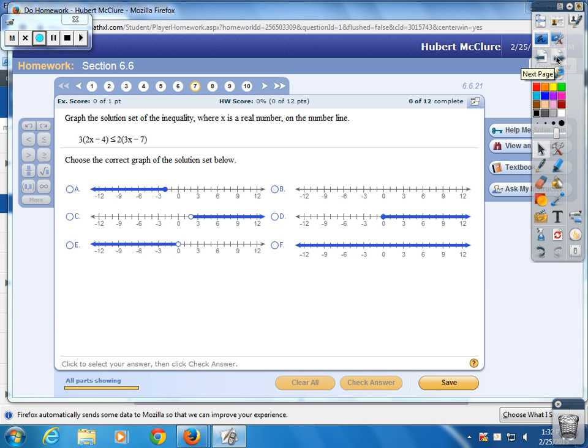Blow it up. And these are real numbers, so you don't have to worry about the integer. It says, graph the solution set of the inequality where x is a real number, meaning fractions, decimals, and whole numbers. And hit freeze, please.